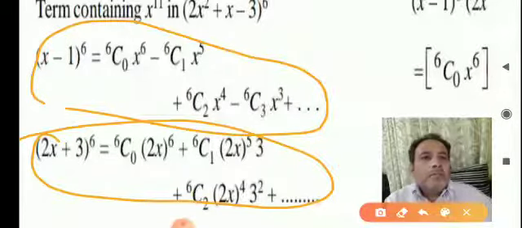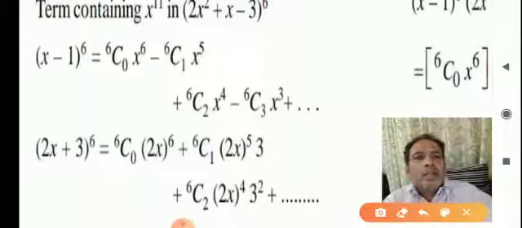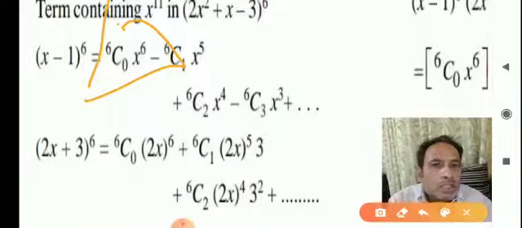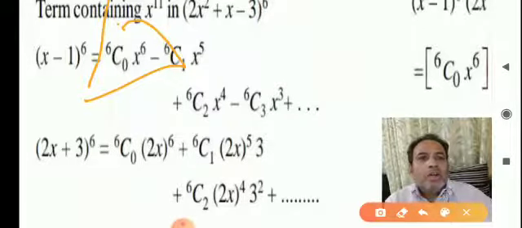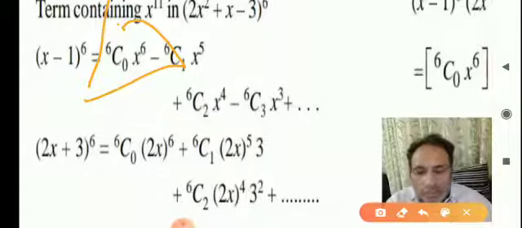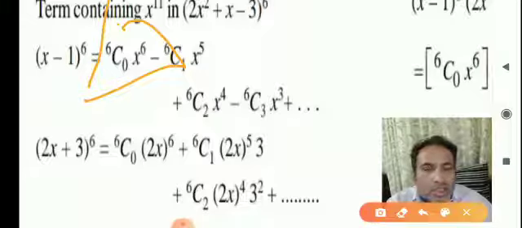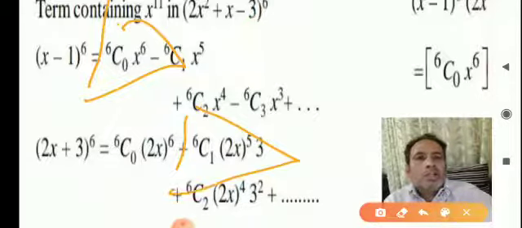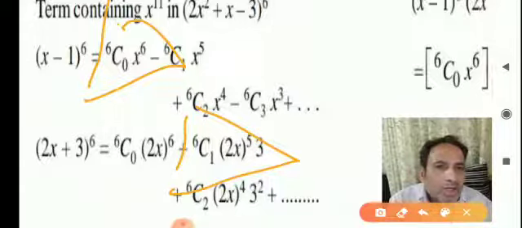So here you can select this one. If you are selecting 6C, x to the power 6, then you have to come for the x to the power 5 term in the other one. So you have to consider that term which consists of x to the power 5, that is this term here. These two terms will make x to the power 11.